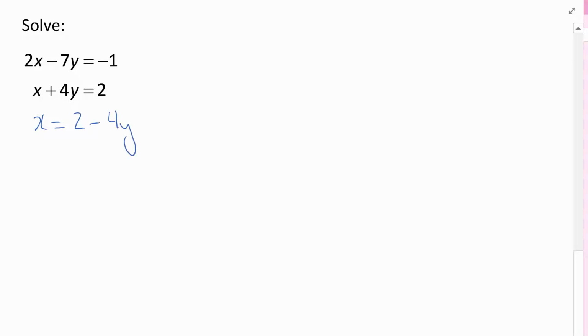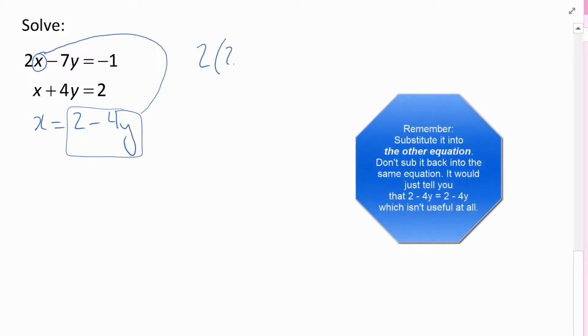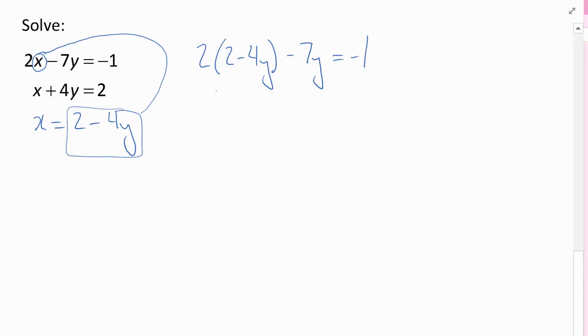Go ahead and subtract 4y from both sides. So now we'll take this 2 minus 4y and substitute it in place of x in the first equation, since that's what x equals. This will give us 2 times (2 minus 4y) minus 7y equals negative 1. Simplify and solve for the remaining variable, which in this case is y. 2 times 2 is 4. 2 times minus 4y is minus 8y. We have a minus 7y equals negative 1.